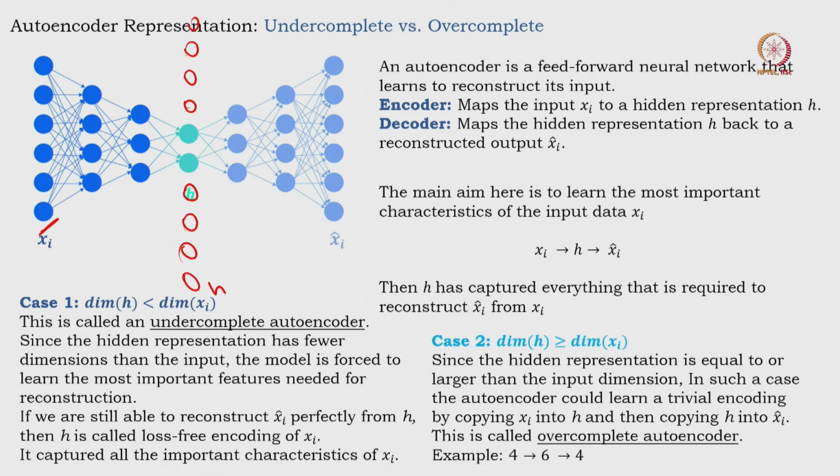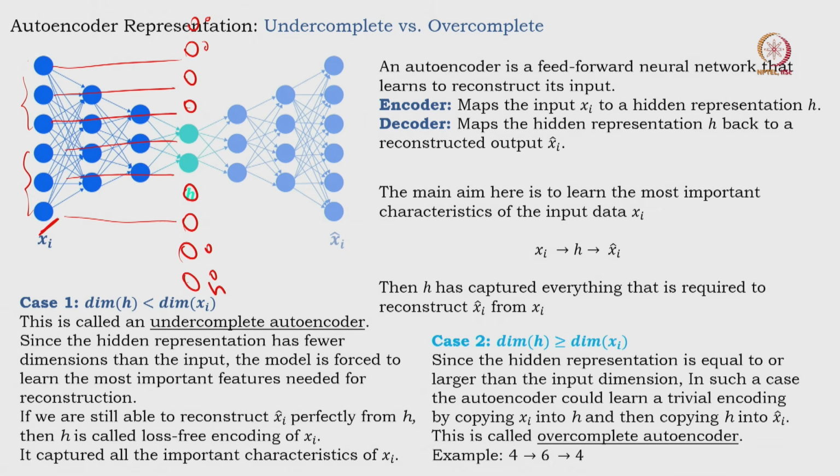Whatever the 6 values are here, are all those 6 values not simply copied as they are? It is trivial learning, because the aim is from 6 to get a larger value. One direct way is to copy all those 6 values to the hidden representation as they are, and whatever remains, can we write as 0? It is possible.